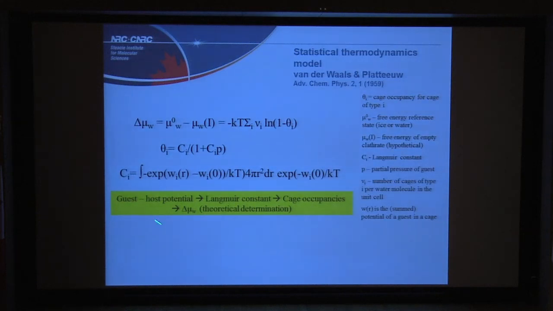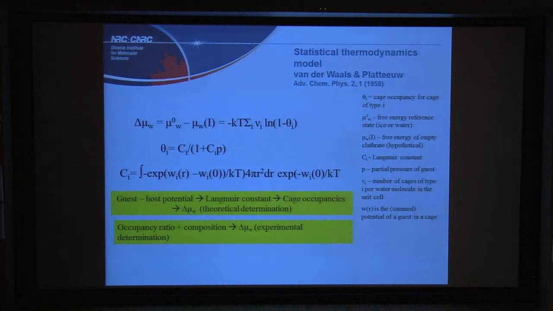We can, right from fundamental principles, using a guest-host potential, calculate the Langmuir constant, calculate cage occupancies, and derive a delta U value. And of course, this is interesting since this value to a first approximation is the same for all the hydrates of the same structure.